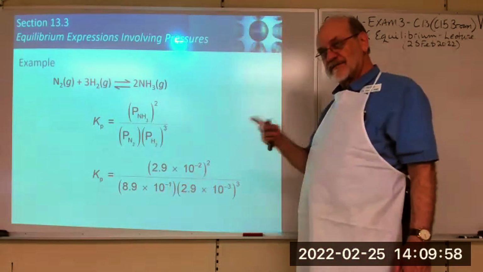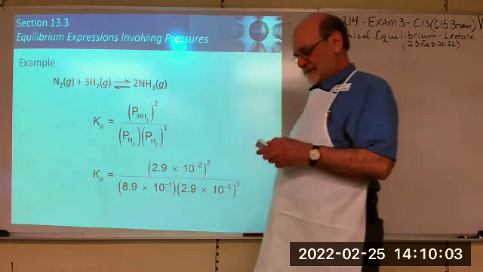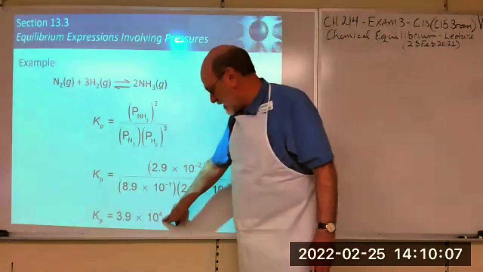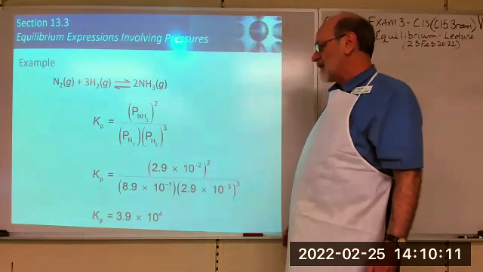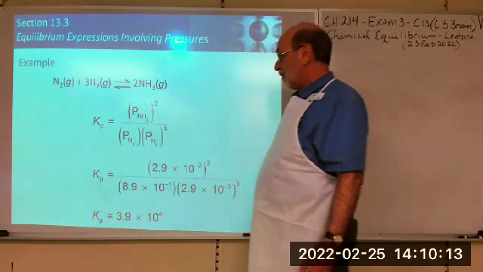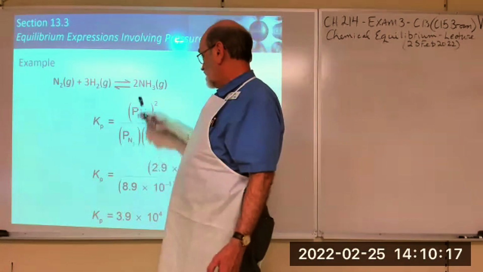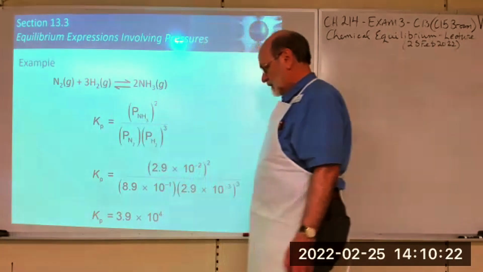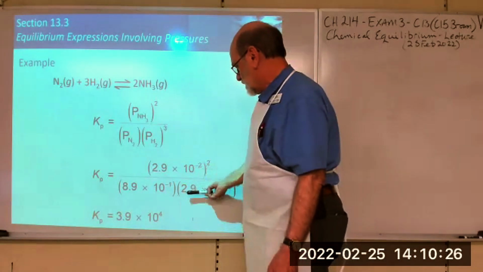I forget to cube it or square it. And then when we do the calculation, we get this value, 3.9 times 10 to the fourth. So what does that mean? That means that the equilibrium position for this reaction is over here, because this is the denominator and this is the numerator.